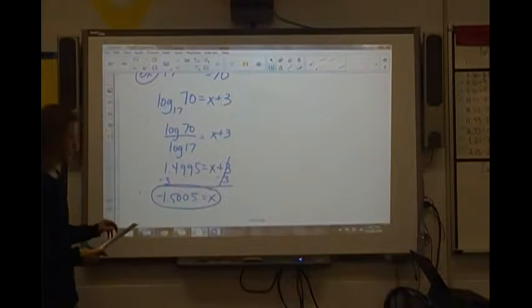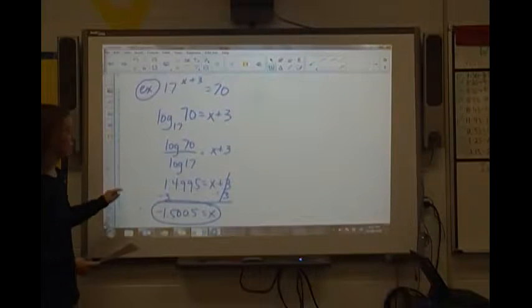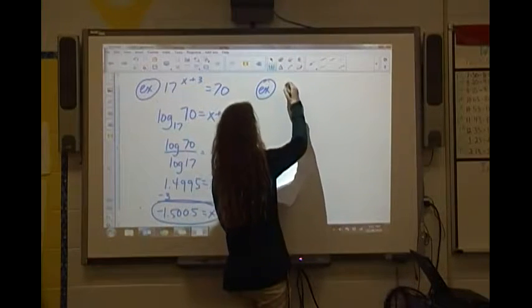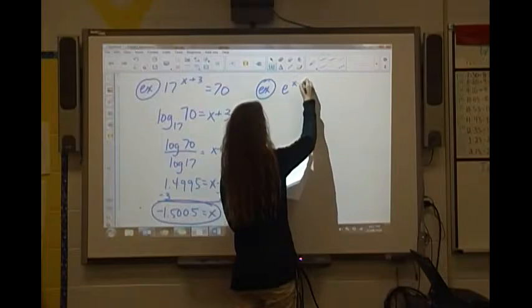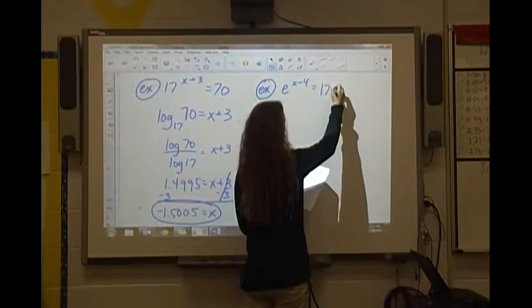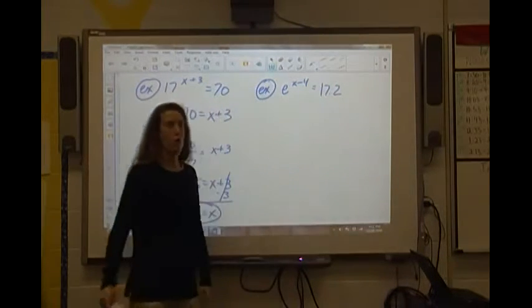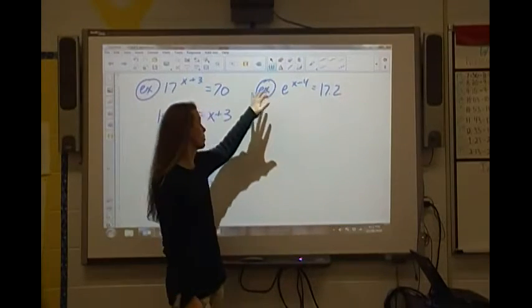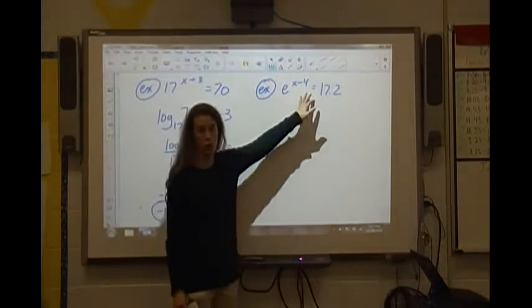For that one. Our second one we're going to do here is actually going to be a natural log problem. So if we have e to the x minus 4 equal to 17.2, and you're going to learn why these are awesome and really great, because if we change forms here, very similar, we could not solve this without changing forms.